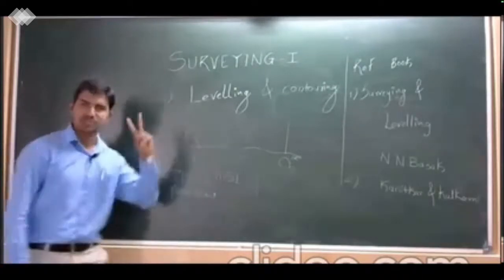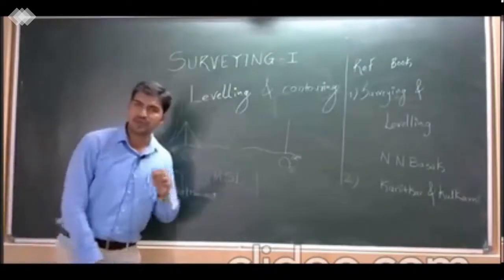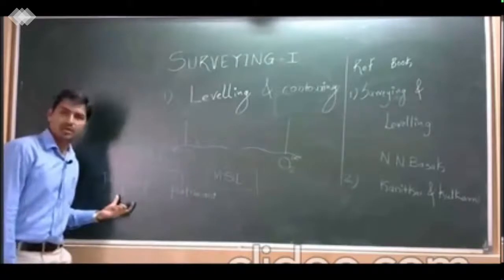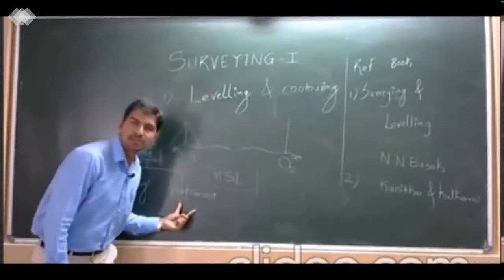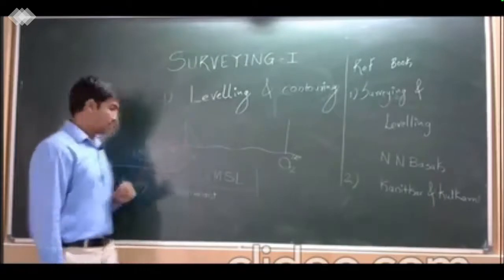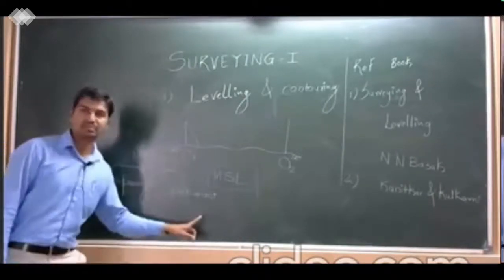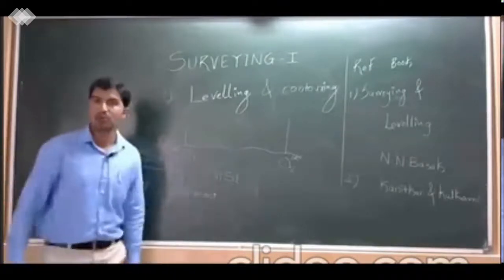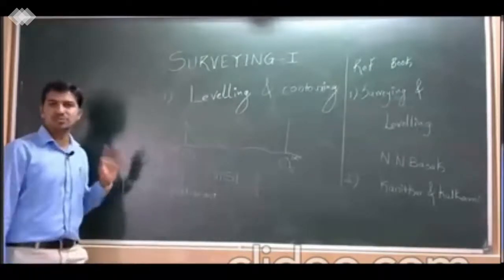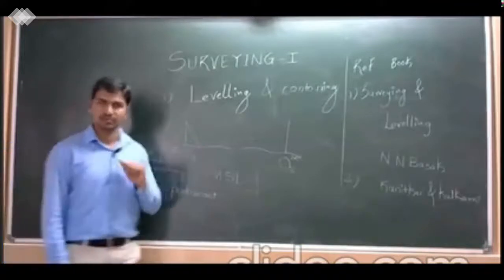There are two types of benchmarks. First one is temporary benchmark. Second one is permanent. Now, what is the difference between temporary and permanent? You can obviously see the difference between these two words. A temporary benchmark is taken for some temporary work.